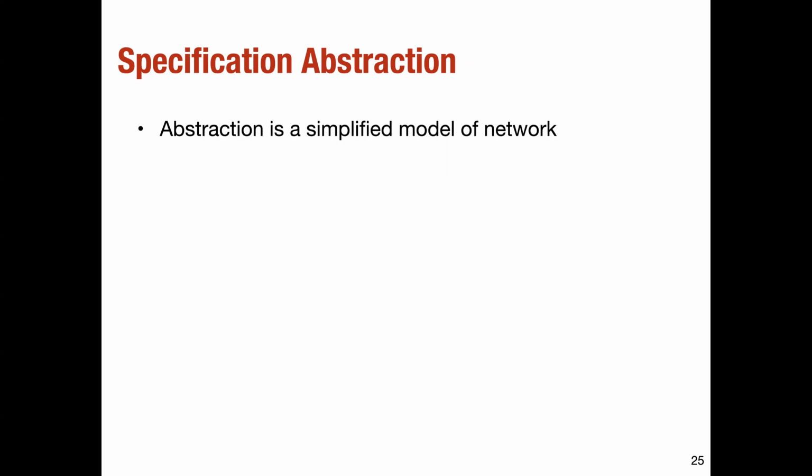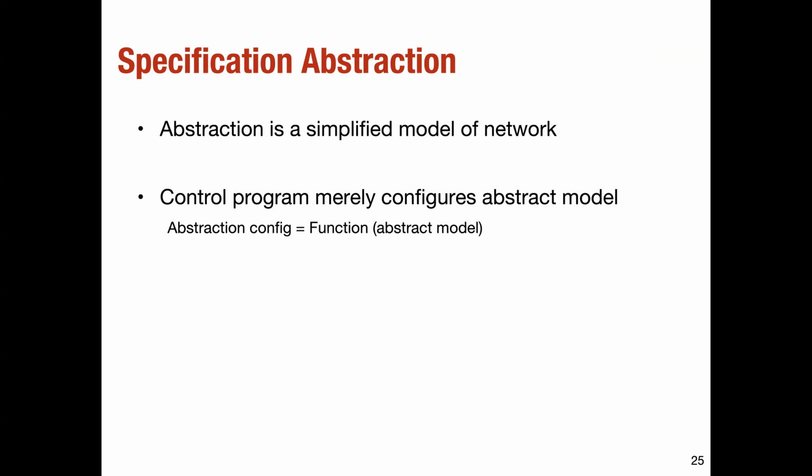And for that, it needs to abstract away all the details about other portions of the network that are not relevant to the problem. So we need a simplified model of the network. The control program will then merely configure that abstract model. Rather than working on an actual network topology, it can work on an abstract topology, or the abstract model of the network, and then compute these configurations, which are also abstract in nature.